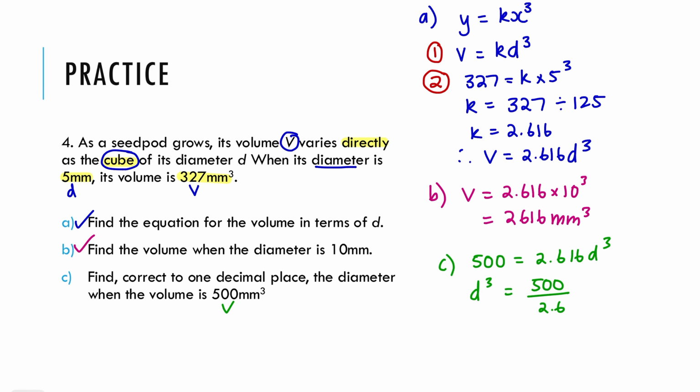Now that there, it does give me a bit of a decimal. So what I'm going to do is here, to undo a cube number, I have to take the cube root. So when I put this into my calculator, to 1 decimal place, I get 5.8 millimeters.